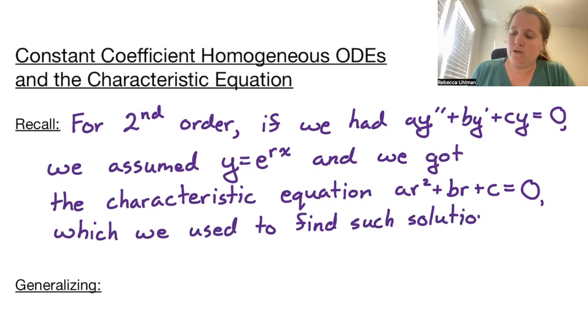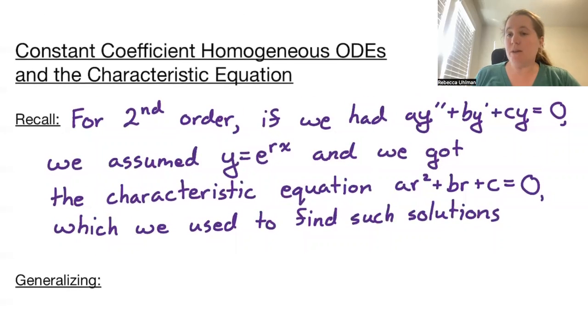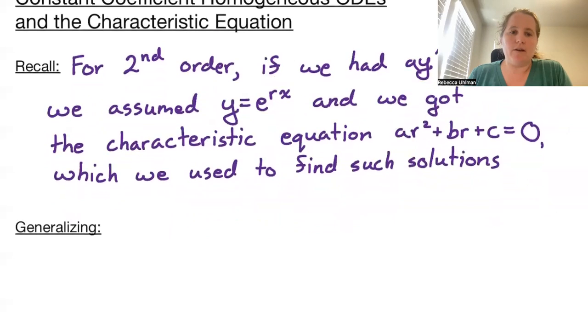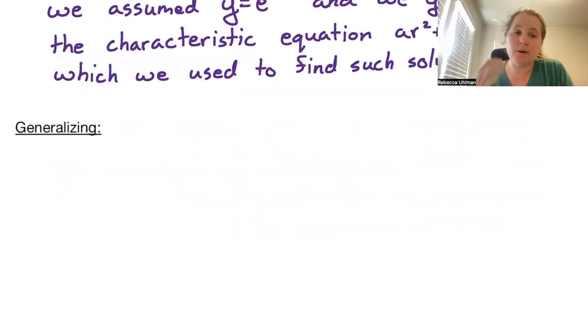We can absolutely generalize this to constant coefficient equations of any order. So instead of a, b, c, we're now going to just use, say, a sub 0.